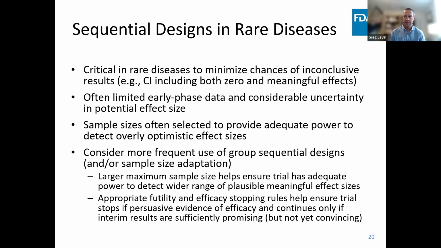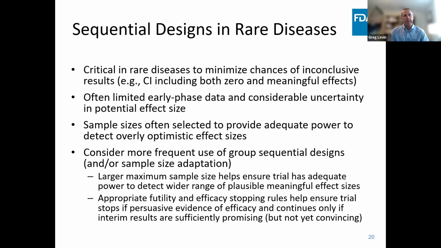So yes, if you want to achieve a particular power to detect a particular effect size, you compare a fixed sample design to a group sequential design. The group sequential design would need to proceed to a slightly larger maximal sample size.